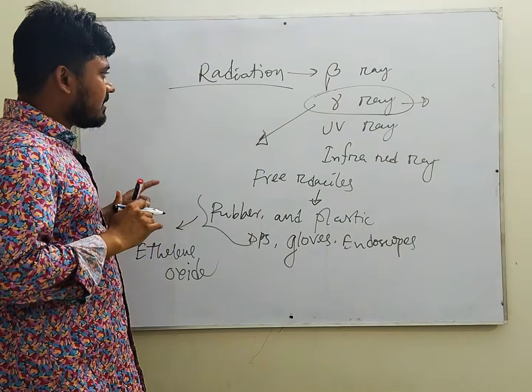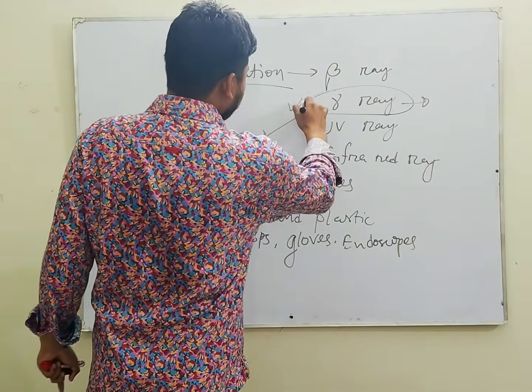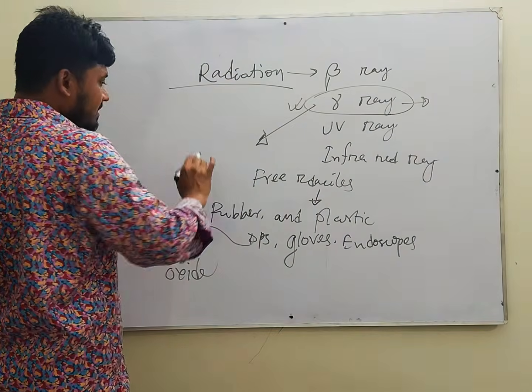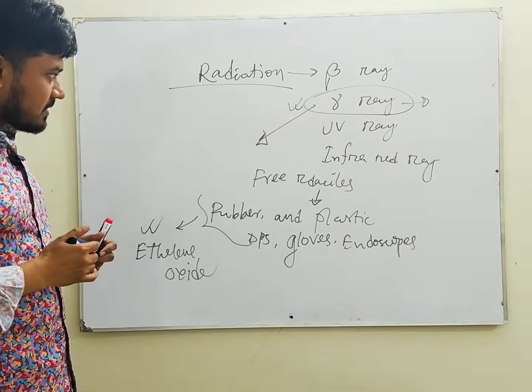So the materials which can be sterilized by gamma radiation can also be sterilized by ethylene oxide.